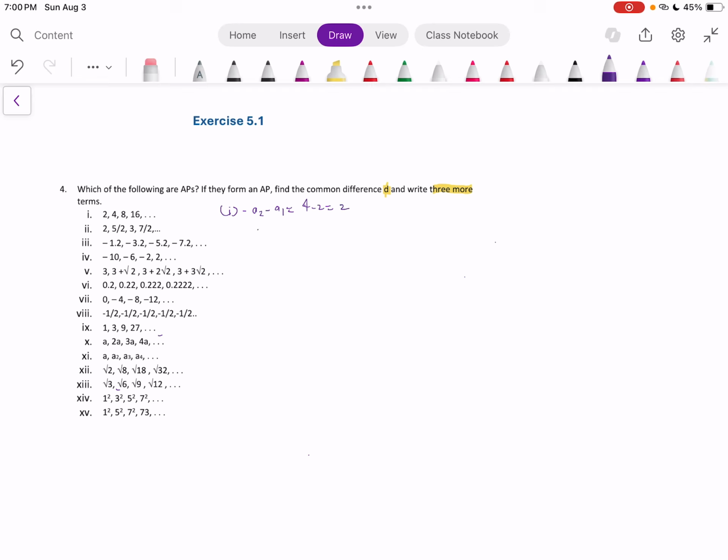Then A3 minus A2, 8 minus 4, going to be 4. So the second difference, I know, is not the same as the first one. It should have been the same if it's an AP, so I can say that this is not an AP.